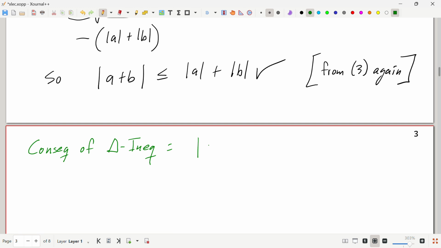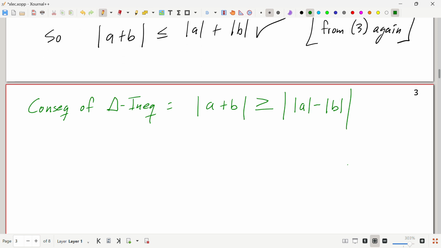But let's see. The absolute value of a plus b is greater than or equal to, so it's the other direction inequality than the triangle inequality, the absolute value of a minus the absolute value of b, absolute value. This is particularly useful when that thing is in the denominator.